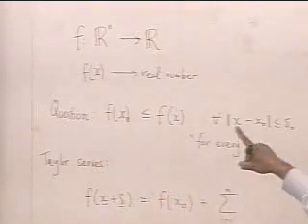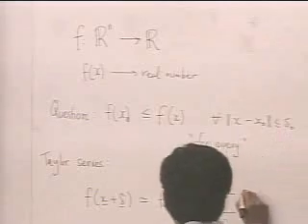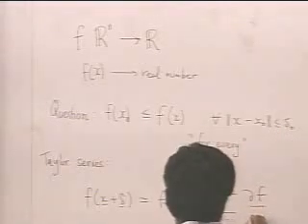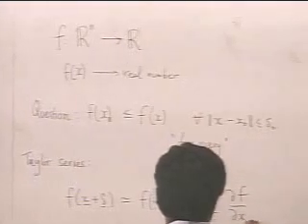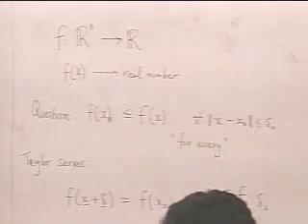Remember, the function goes from Rn to R. Take the partial derivative of the function with respect to each of the components xi and multiply that by delta i.